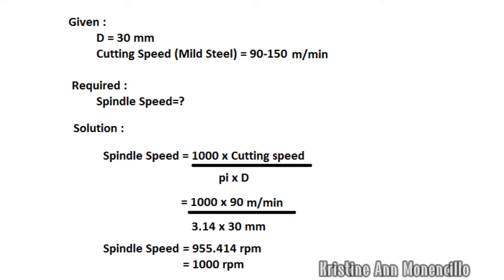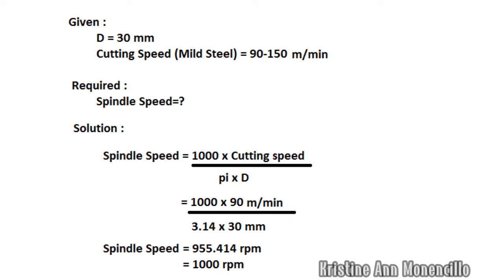So for the required, that will be the spindle speed. For the solution, its formula is spindle speed equals 1000 times cutting speed over pi times diameter. That would be equal to 1000 times 90 meters per minute over 3.14 times 30 millimeters.